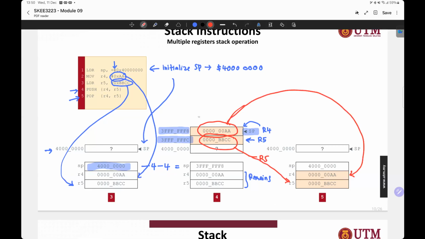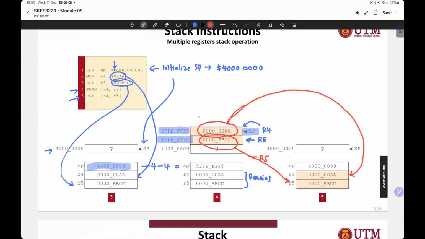Next, what happened to your stack pointer? After you pop the data to your registers, the stack pointer is incremented by 8, +4 and +4.